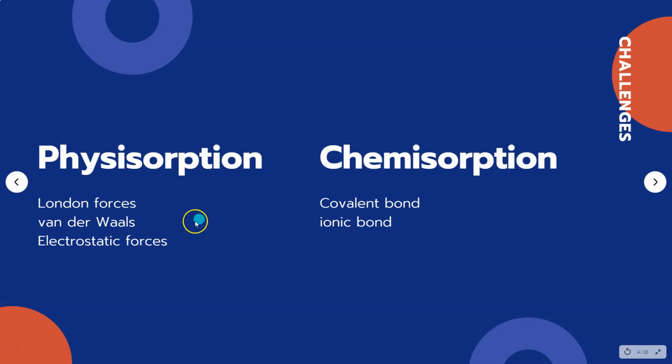In this lesson, we will look further into the physical adsorption. There is a challenge for you: find out the difference between physical adsorption and chemical adsorption. Chemisorption involves covalent bonds and ionic bonds, whereas physical adsorption involves London forces, van der Waals, and also electrostatic forces.